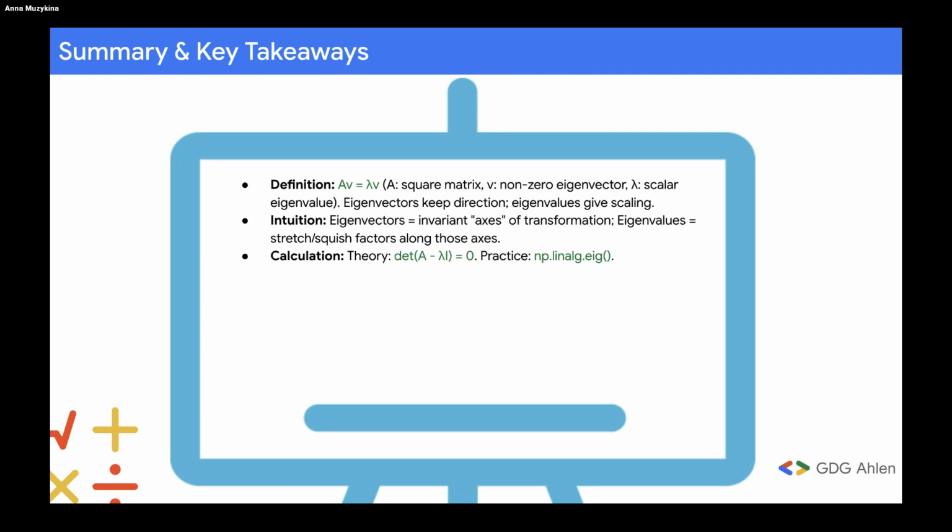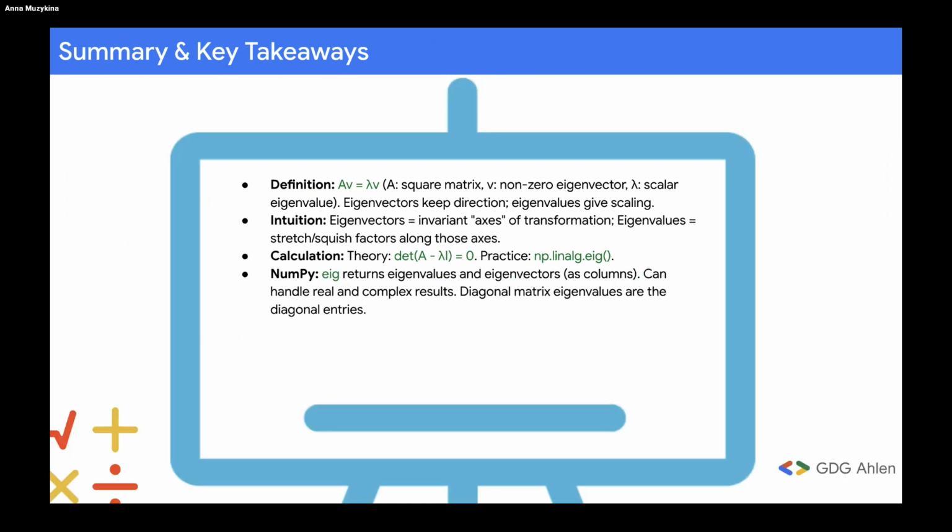While theoretically found using the characteristic equation, determinant of A minus lambda I equals 0, we practically calculate them using NumPy's function np.linalg.eig, and we pass here our matrix we want to calculate.